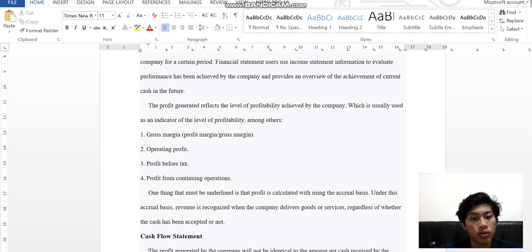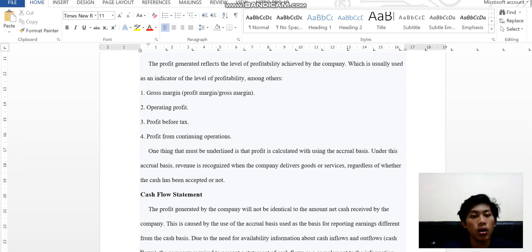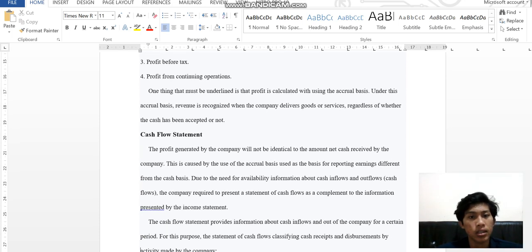Profit from continuing operations. One thing that must be underlined is that profit is calculated using the accrual basis. Under this accrual basis, revenue is recognized when the company delivers goods or services, regardless of whether the cash has been received.